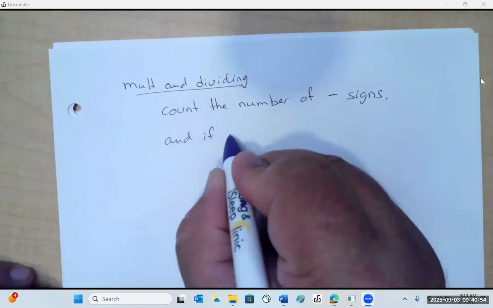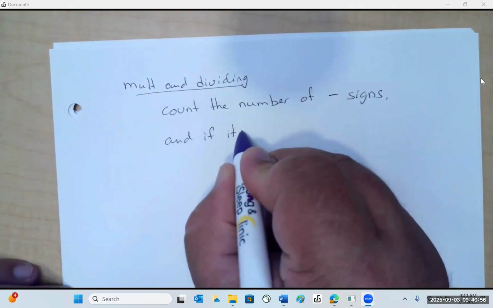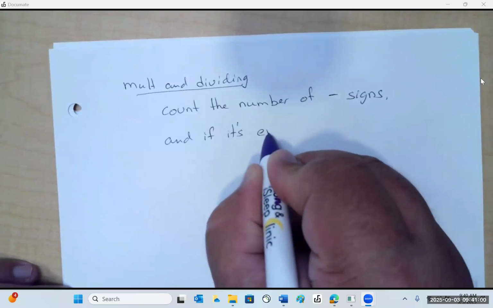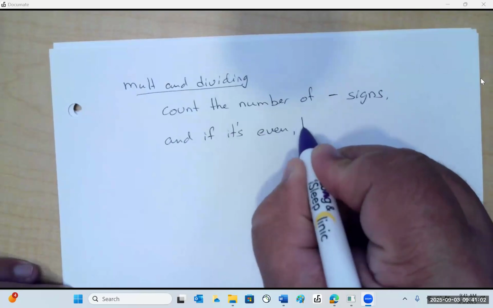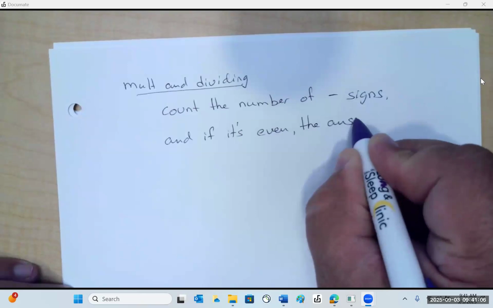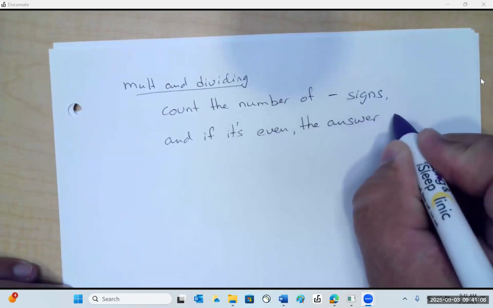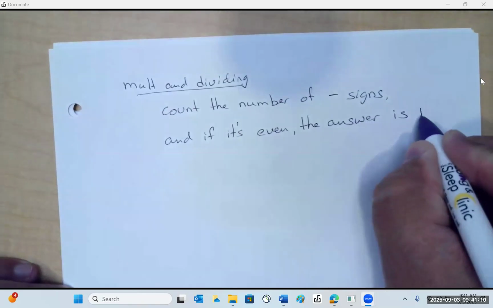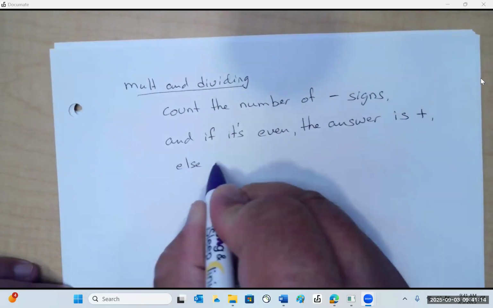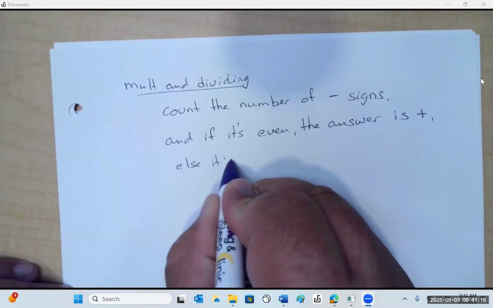And if it's even, the answer is positive. Else it's negative.